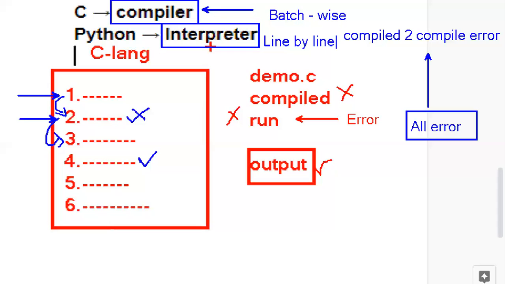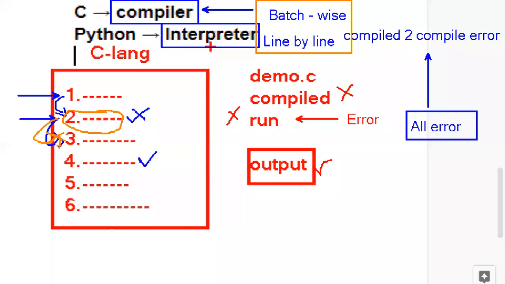So compare this interpreter with a compiler. In a compiler, code will be executed at a time, so you can call it batch wise execution. Whereas an interpreter executes line by line. When you make a mistake at the second line, the control will not go forward to the third line. When you rectify line number 2, or make the syntax correct, only then does control go forward to the next line.